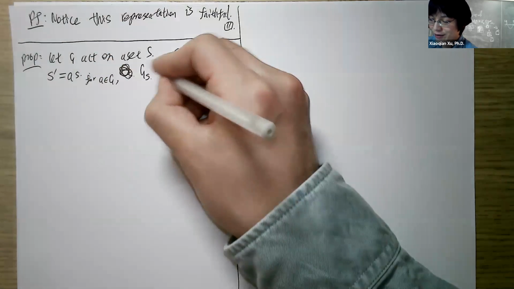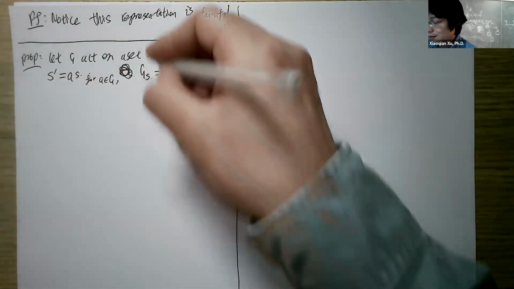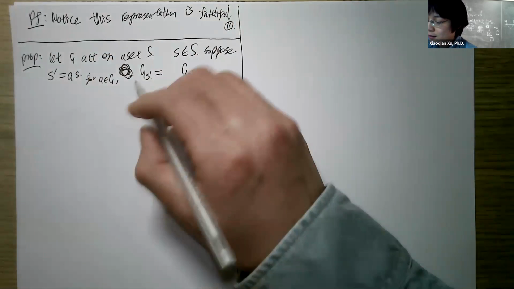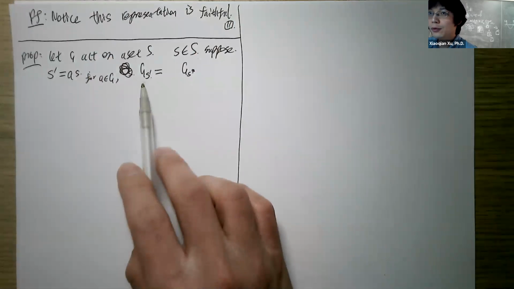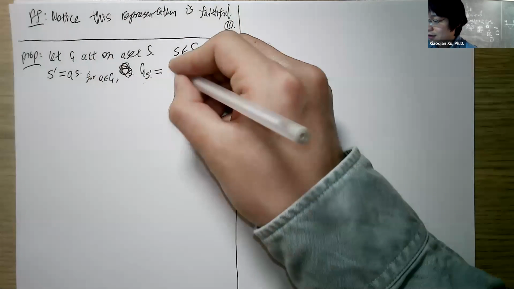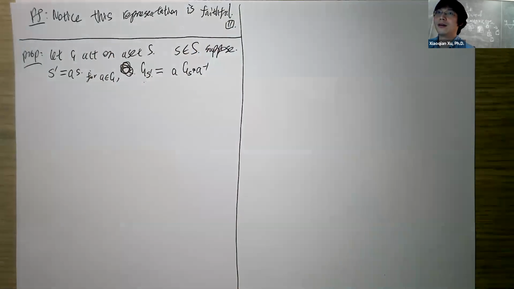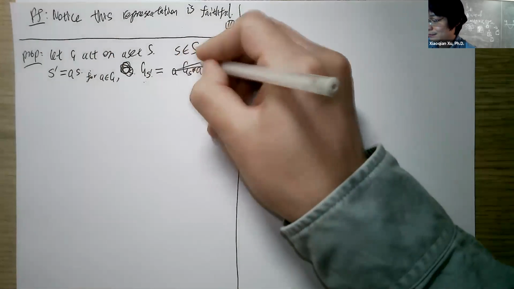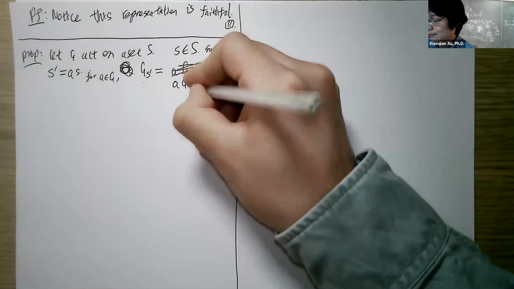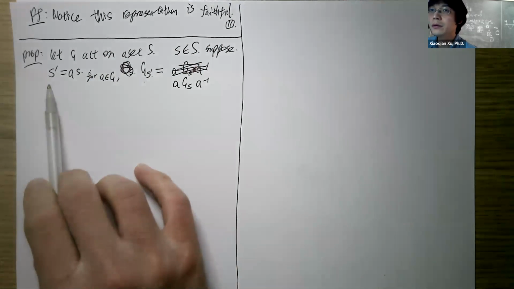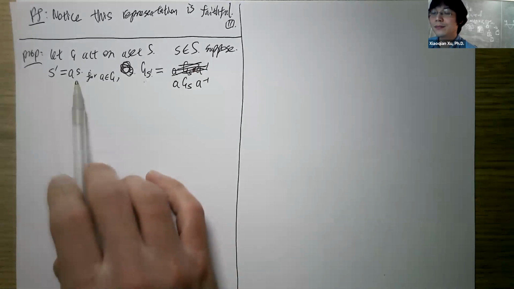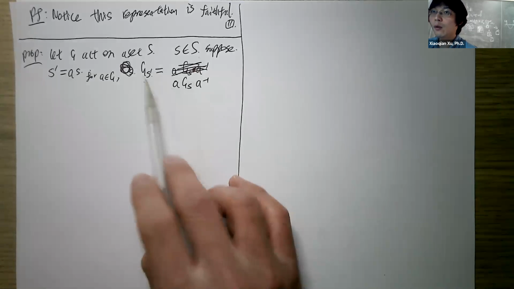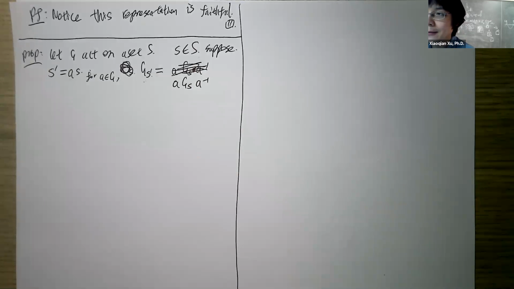Well, the magic here is that, I'm sorry, this is s', this is s, because s' is a acting on s. This subgroup is actually the conjugate of that subgroup. So you do a multiplication on this element, then the stabilizer will do a conjugation.